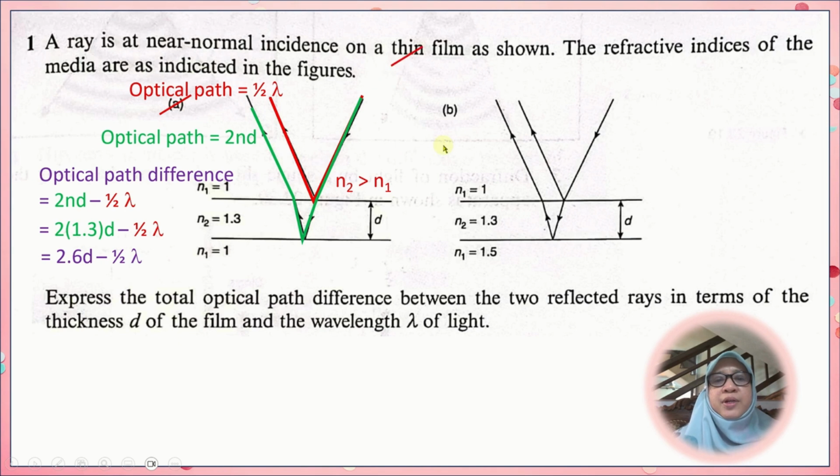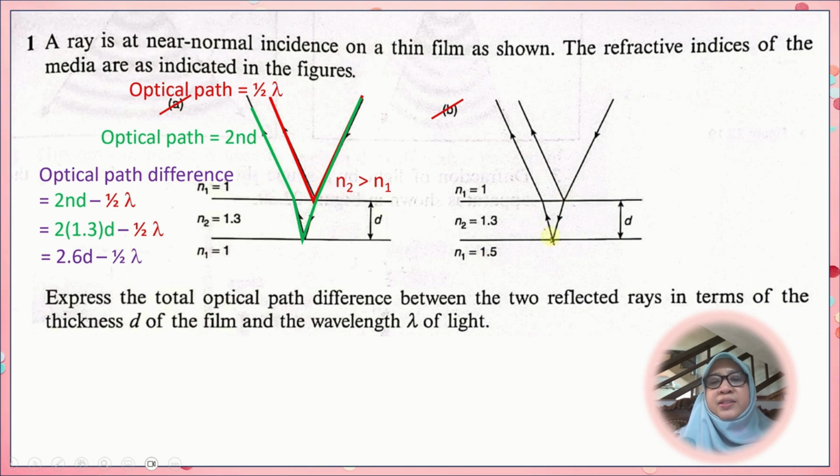For question B, the ray travels through the denser medium here and then comes out to the medium where n is different, which is 1.5. This one is not n1 actually, it is n3, a typing error, so 1.5.